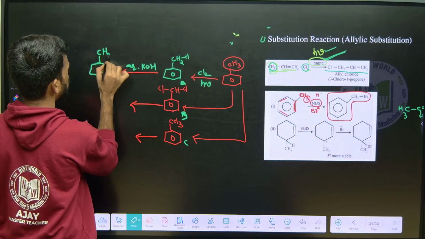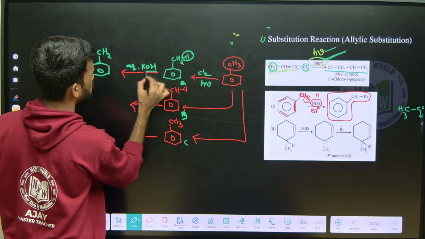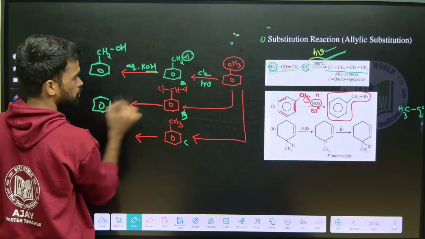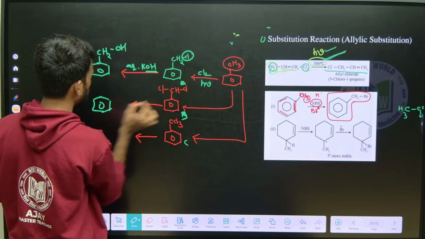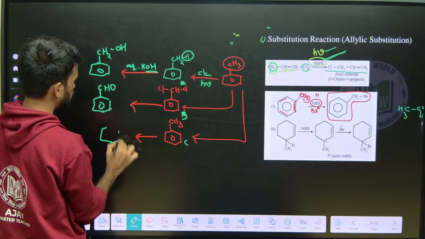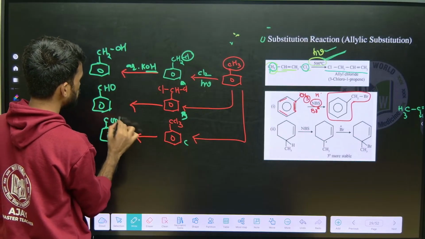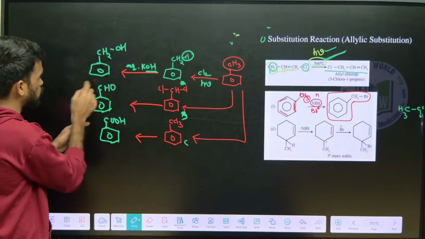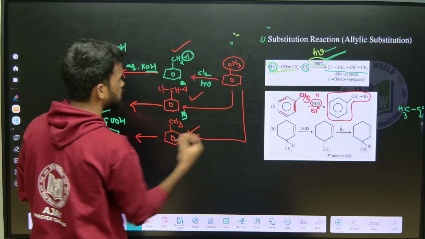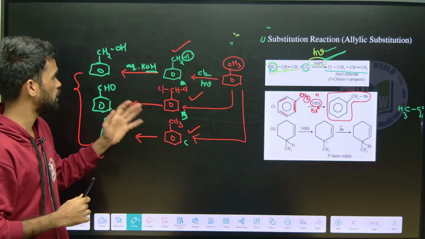Wherever you have chlorine, replace that chloride with OH, and benzylic alcohol will be formed. Here if 2 OH groups are removed as water, you will get an aldehyde, benzaldehyde. Here you will get benzoic acid. So by looking at these final products, we need to decide which is our perfectly formed intermediate A, B, C.